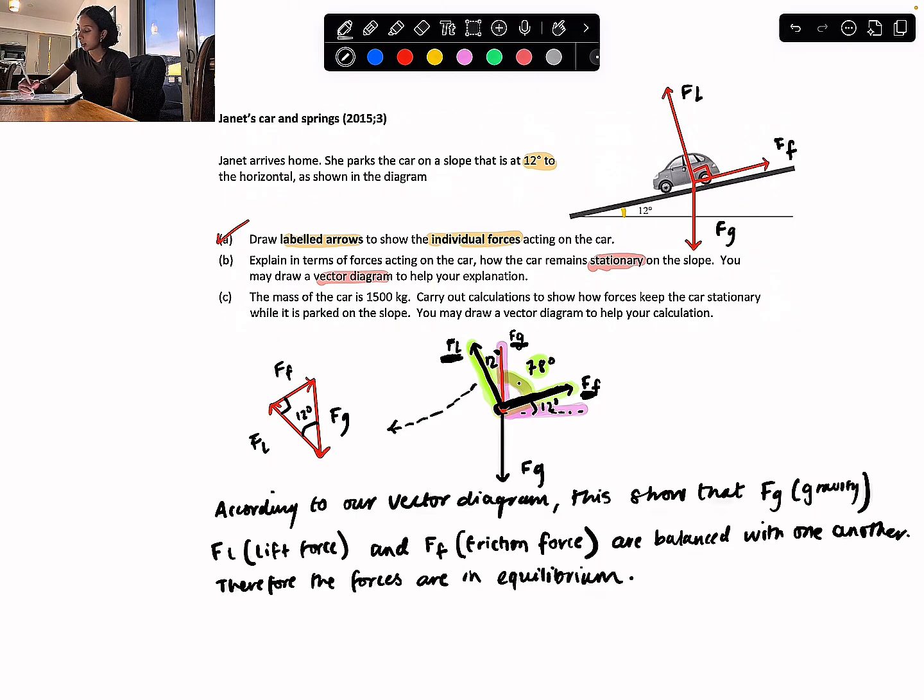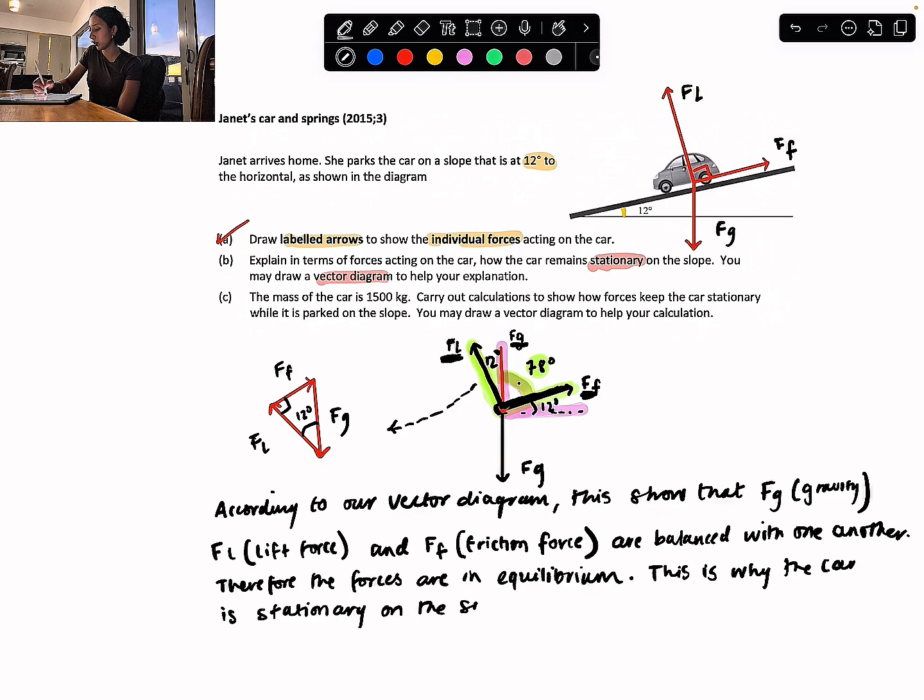Okay, this is why the car is stationary on the slope. All right, that's basically our answer.